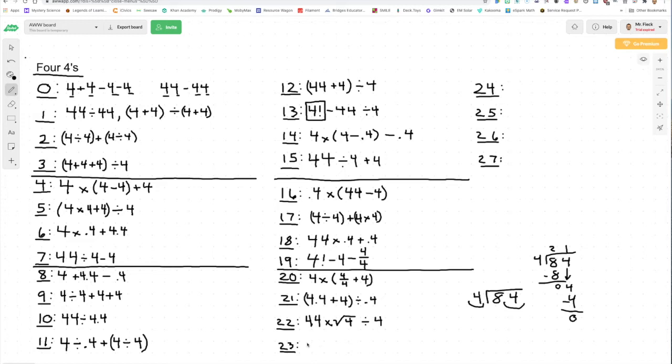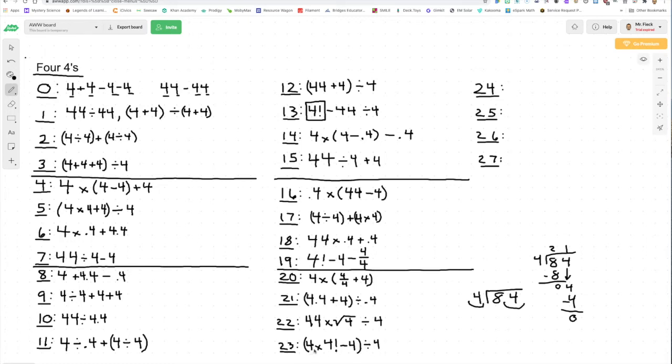And 23, I came up with 4 times, and then I had 4 exclamation, which again makes 24, right? The 1 times 2 times 3 times 4, minus 4, and I put all of that in parentheses, and I did divide by 4.